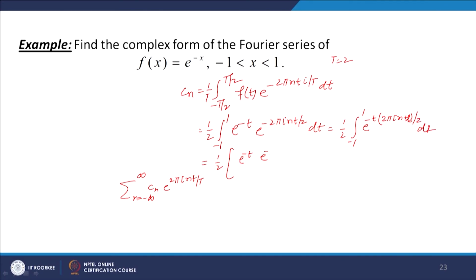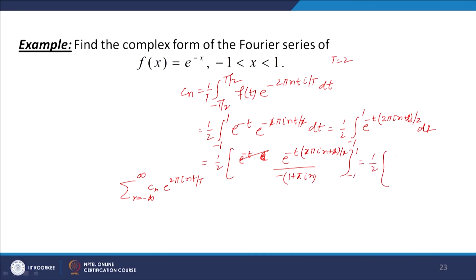So, we get here e to the power minus t times (1 plus i n pi), divided by minus (1 plus i n pi), and we put the limits minus 1 to 1. So, this is 1 by 2. Okay.